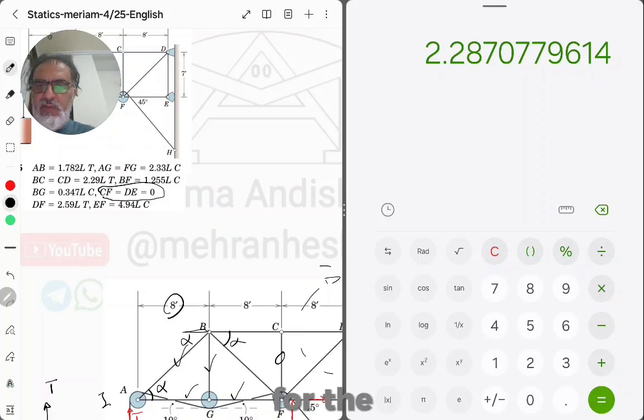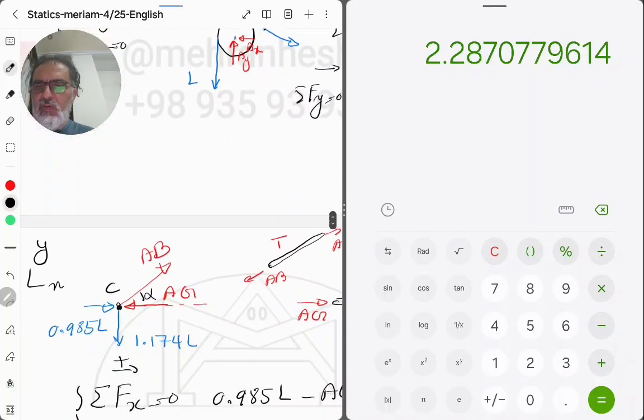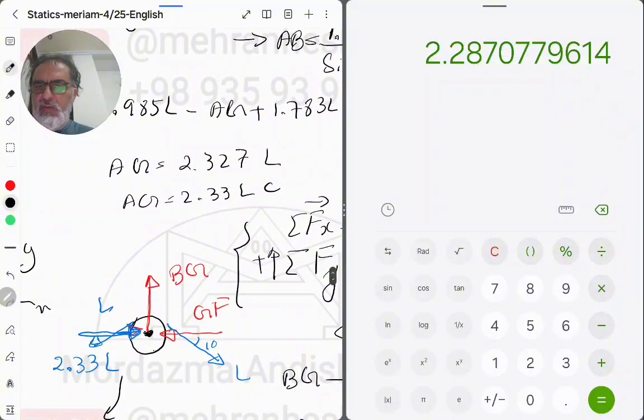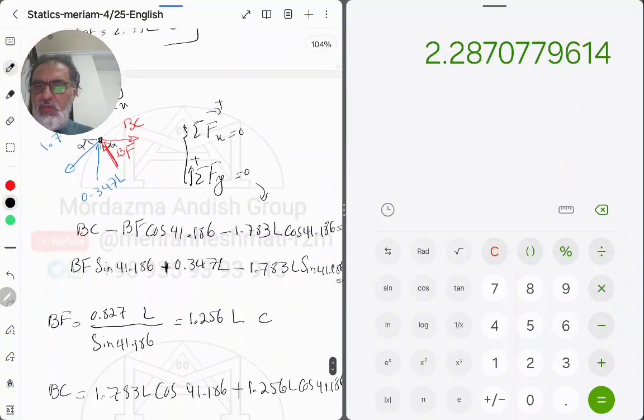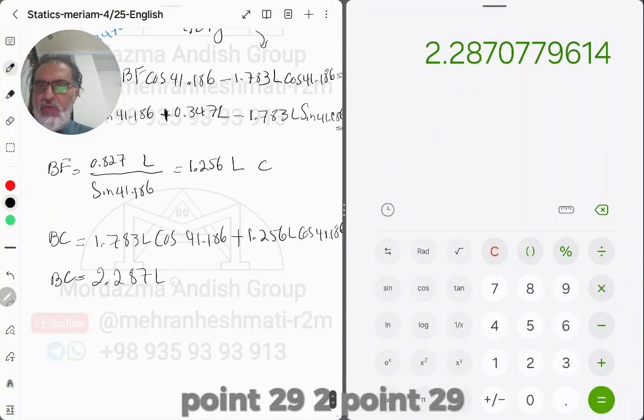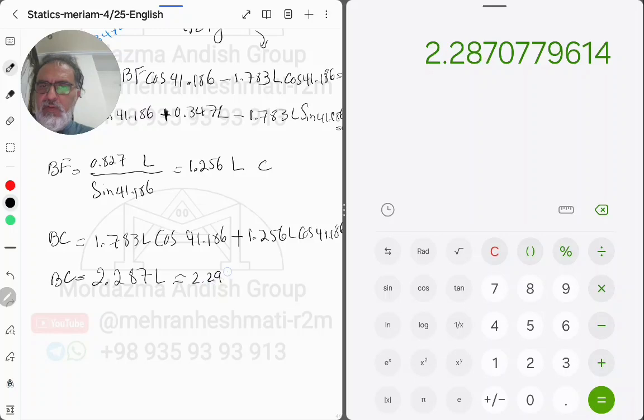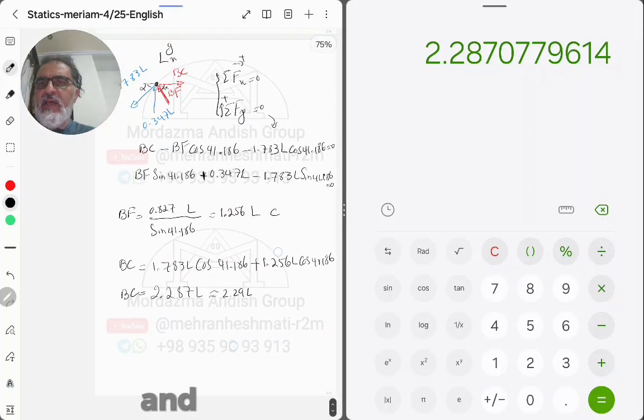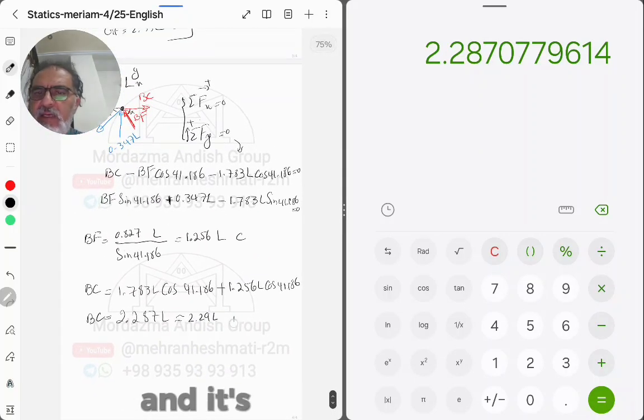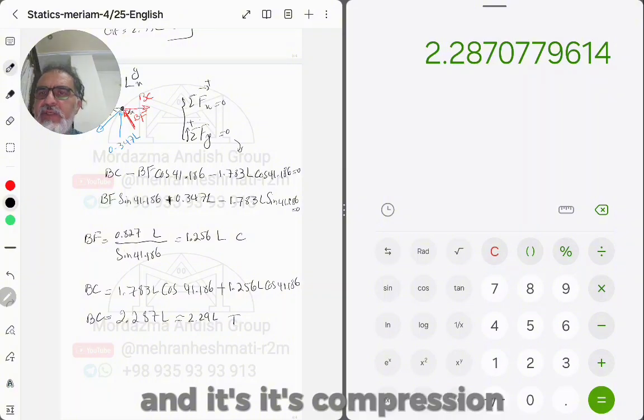For BC, 2.287 or 2.29, and it's tension, it's compression.